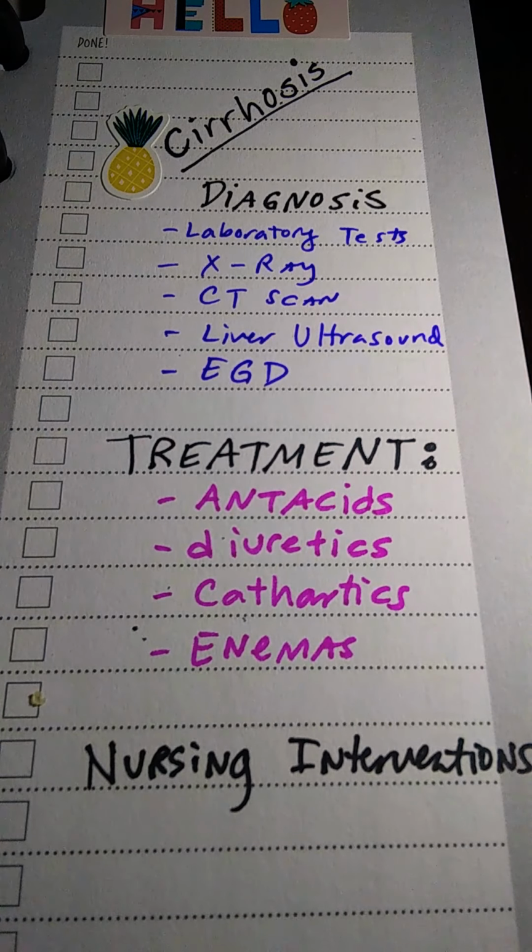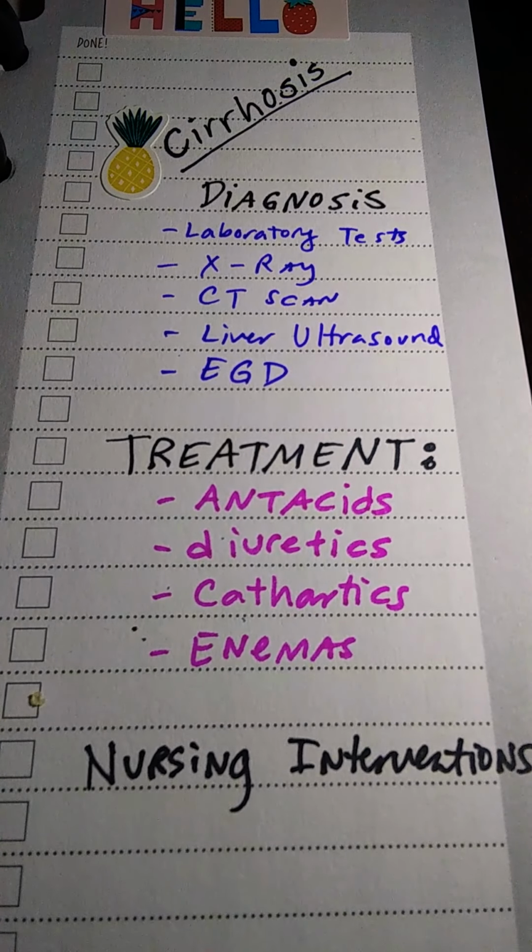One of the major things that we want to do for our patient is get rid of ammonia from the body. Those cathartics and enemas, specifically lactulose or Cephulac, which is a major drug that you need to know for your NCLEX, can help correct the pH and get rid of this ammonia.